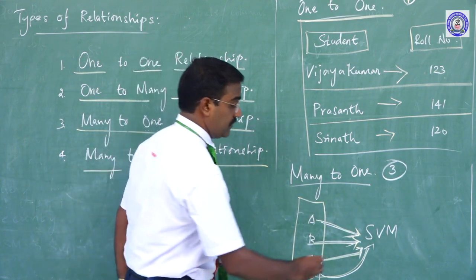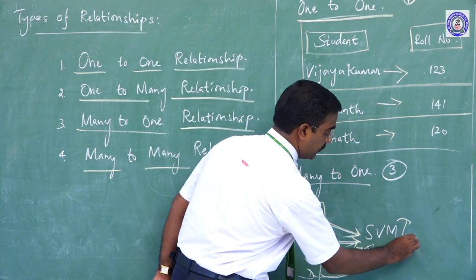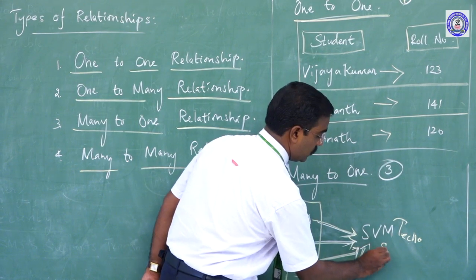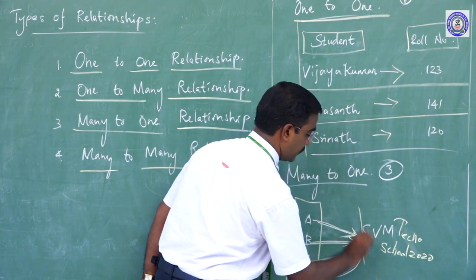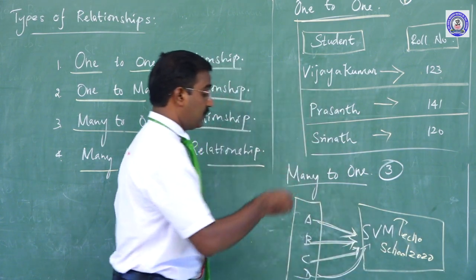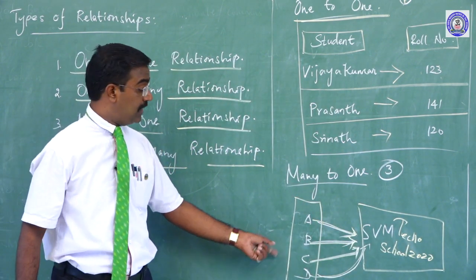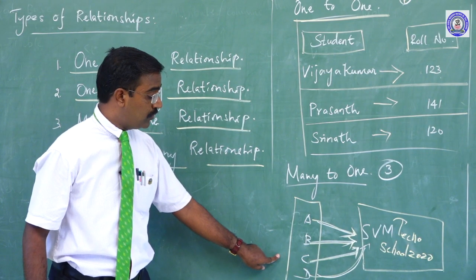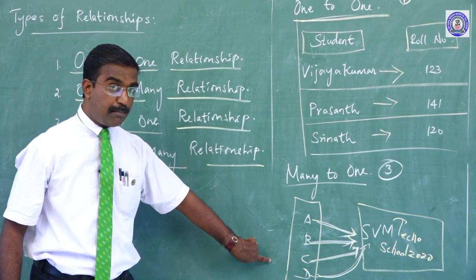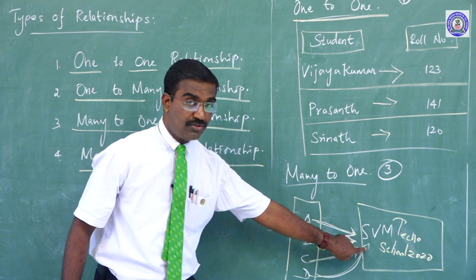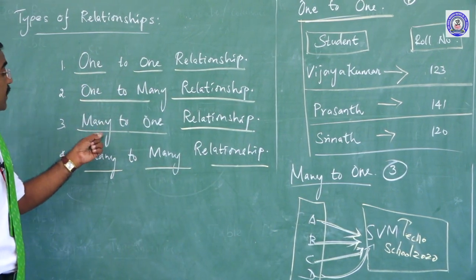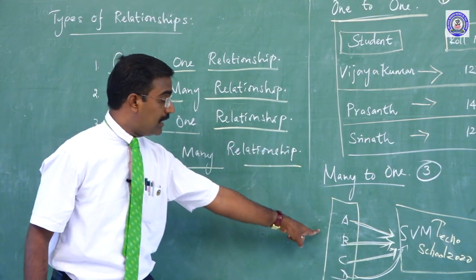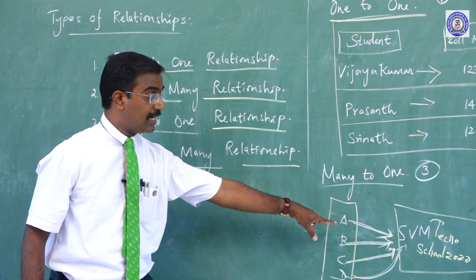This institution is SVM Techno School 2020. So you can clearly understand, many teachers, many employees are working in a single institution. That's why the relationship is many-to-one. I think you can understand.